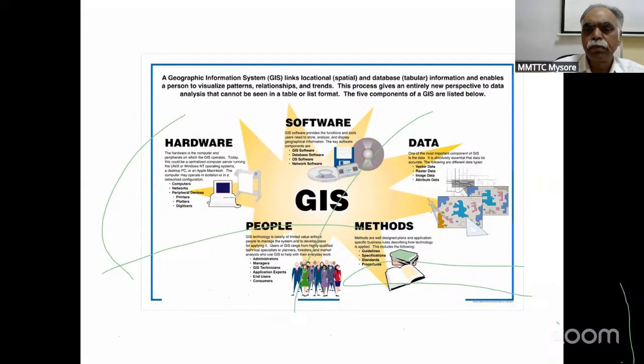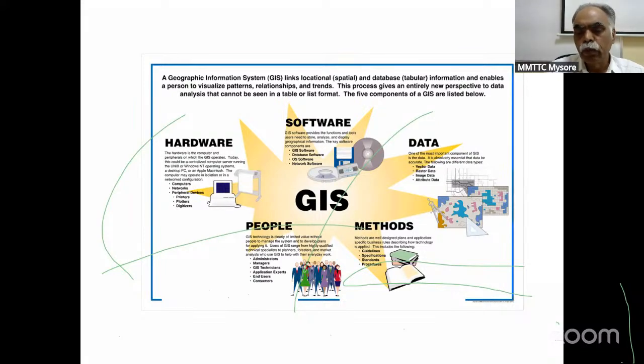Raster is nothing but pixel data. The vector data is nothing but, as I told you, the coordinate system, the coordinates of X and Y values. And then the methods we are going to use. There are different methods, because we have overlay analysis, shortest path analysis, network analysis, various types of analysis available for analyzing a particular regional data.